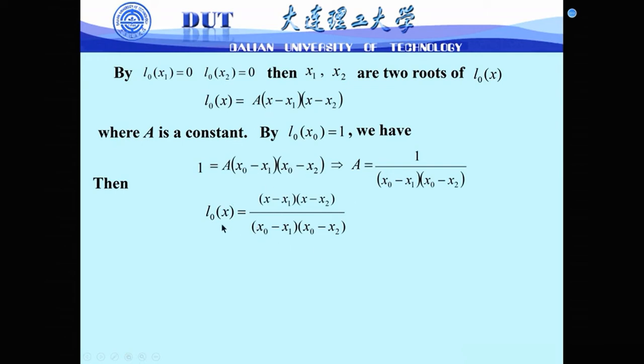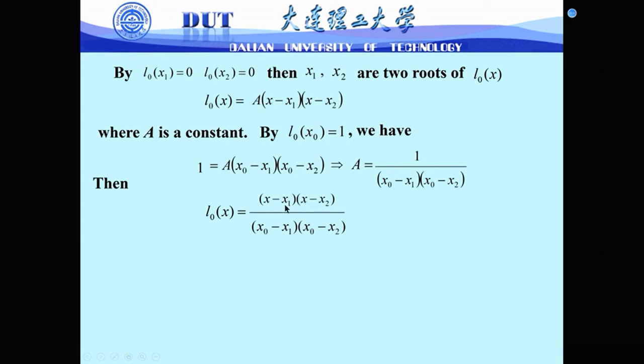Okay, now I show you how to remember this function. Here, L0, then you see the numerator, firstly, the numerator is the factors, x minus other nodes. We have three nodes, right? Here, 0, then other nodes means (x minus x1) multiplied by (x minus x2).